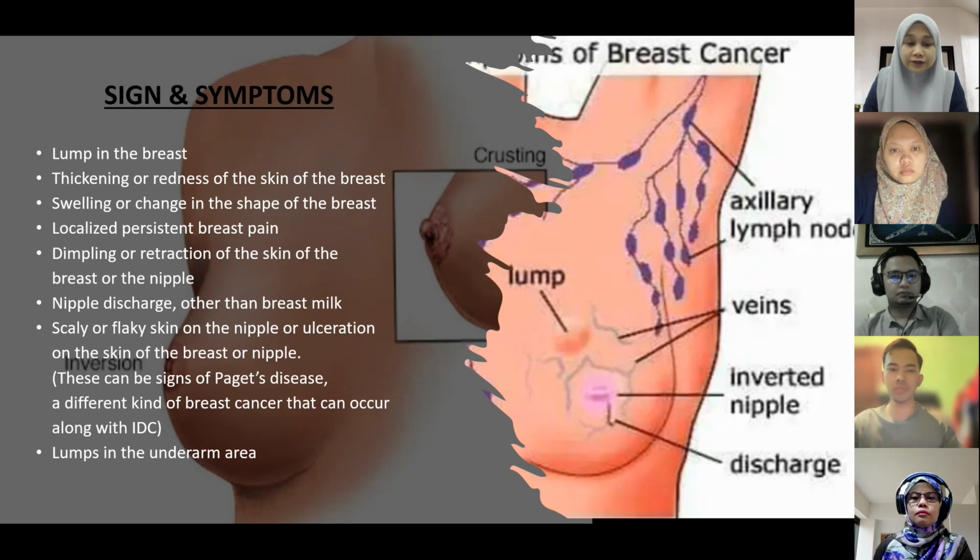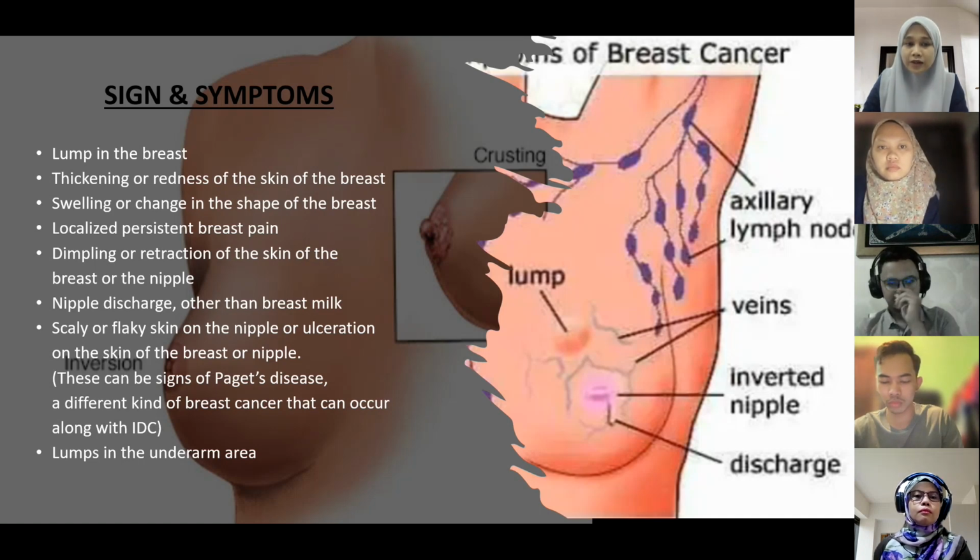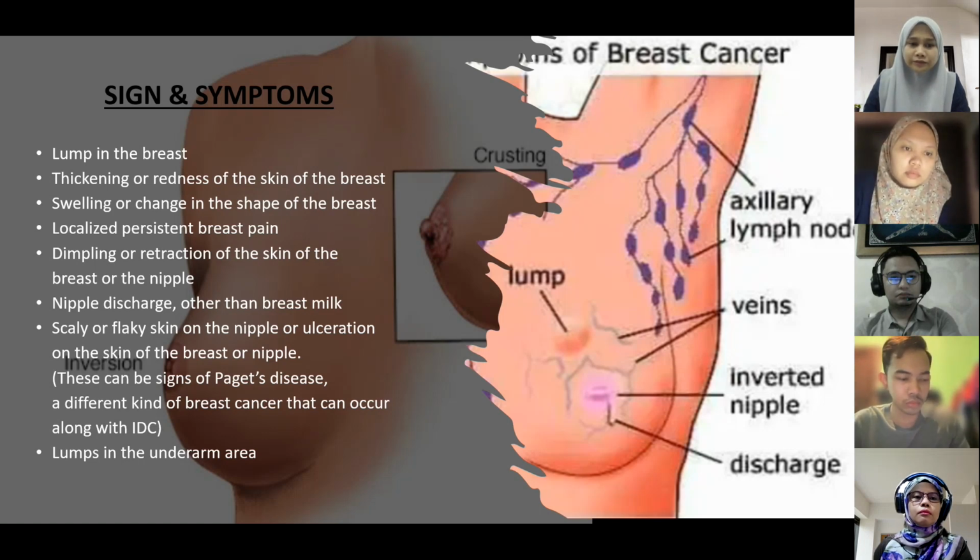There are several warning signs and symptoms of breast cancer that are worth paying attention to, like a lump in the breast, thickening and redness of the skin of the breast, swelling or change in the shape of the breast, localized persistent breast pain, dimpling or retraction of the skin of the breast or the nipple, discharge other than breast milk, scaly or flaky skin on the nipple or ulceration on the skin of the breast, and a lump in the underarm area.